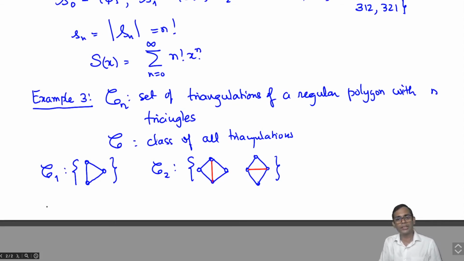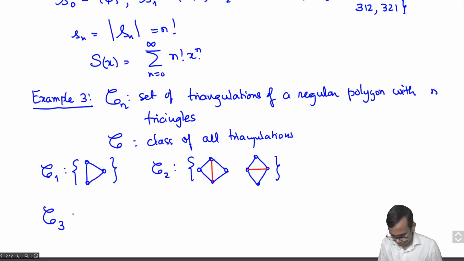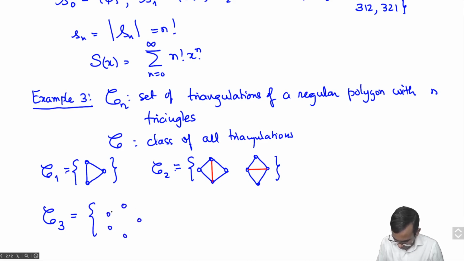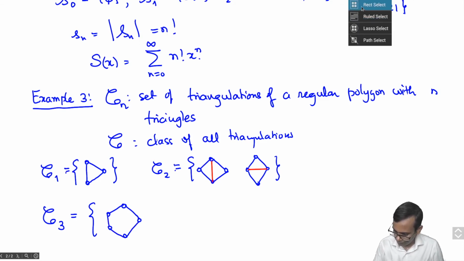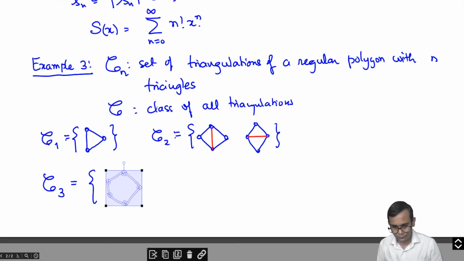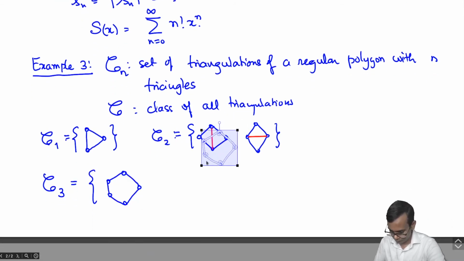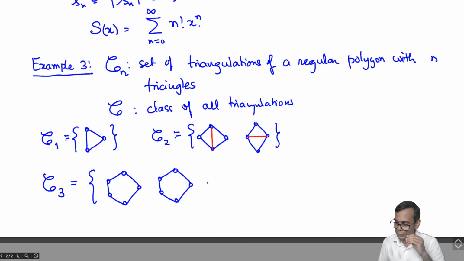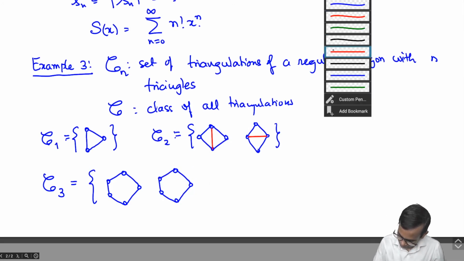To get triangulations with three triangles, we will be triangulating a pentagon. So what I'll do is I'll draw a pentagon. And since I'll be triangulating this several times, let me just copy it out. So the first triangulation I can do is something like this.